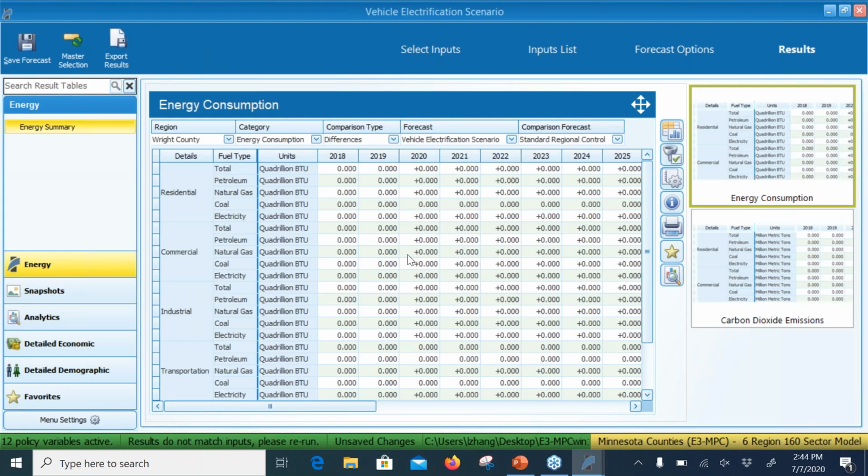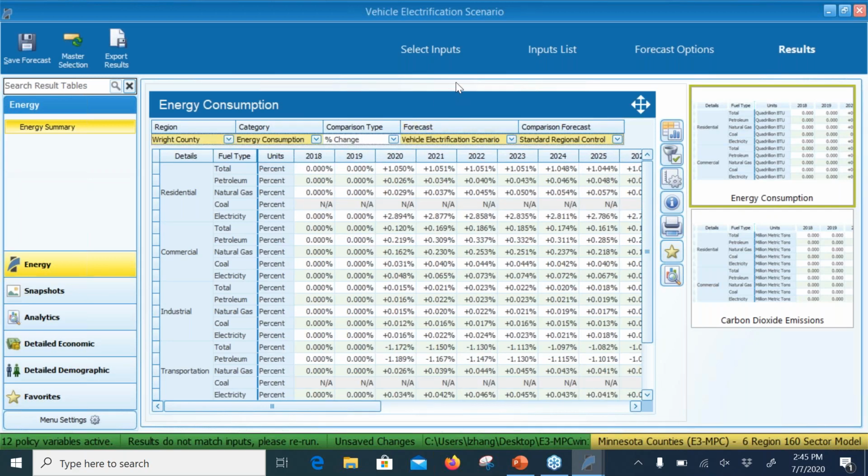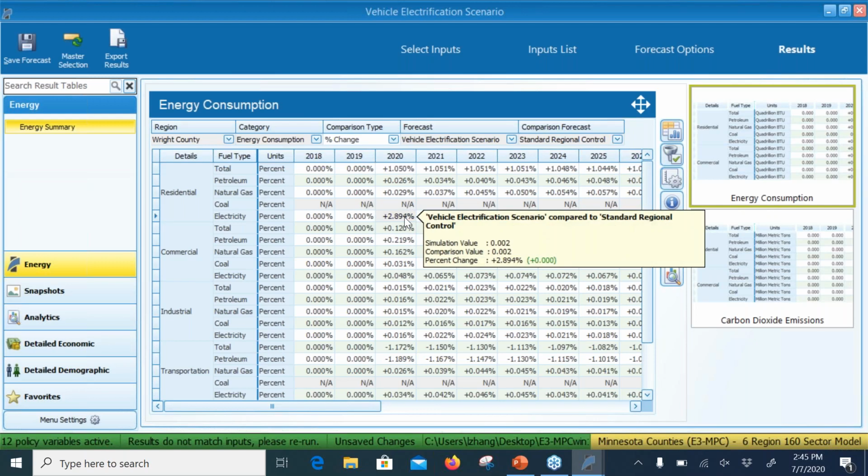All right, so here we see an energy summary tab, and what this looks at is essentially how much energy consumption in each of these categories changes as a result of the policies I've put in. In this case, we increased electric cars and decreased fossil fuel cars. And so, unsurprisingly, on the residential side, we have strong increases in electricity consumption.